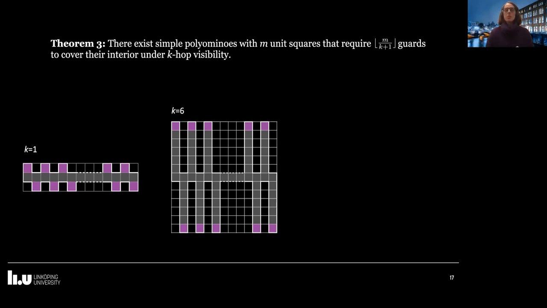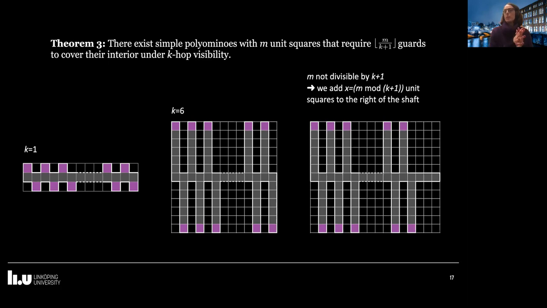And this is of course for the case that m is divisible by k+1. If it's not, then we just add the remaining unit squares to the right of our shaft, our row of unit squares. And if we place the rightmost unit square guard in our shaft, then it can also see this row. So we have the sometimes necessary bound.